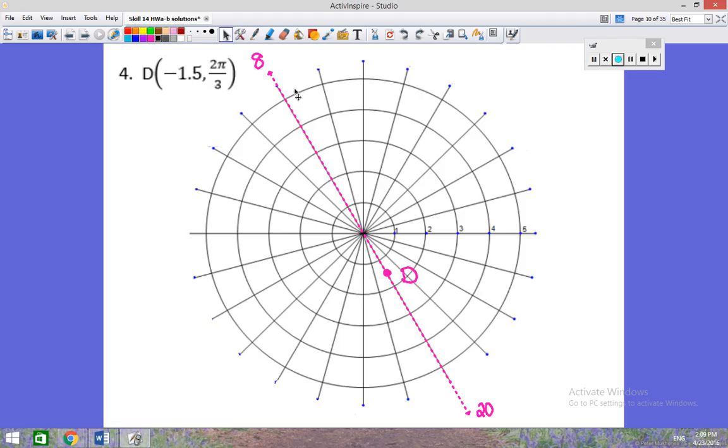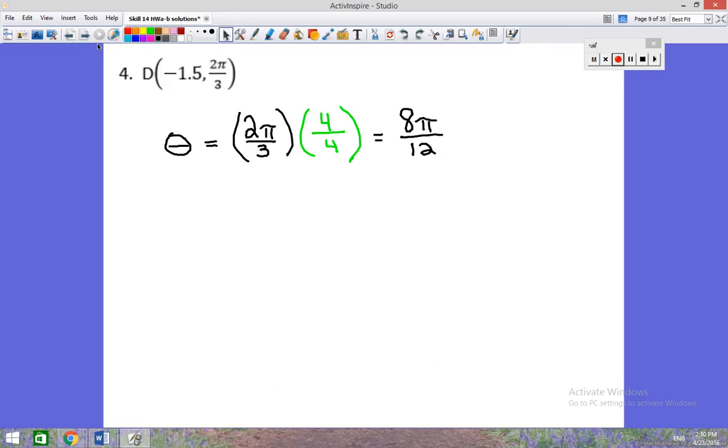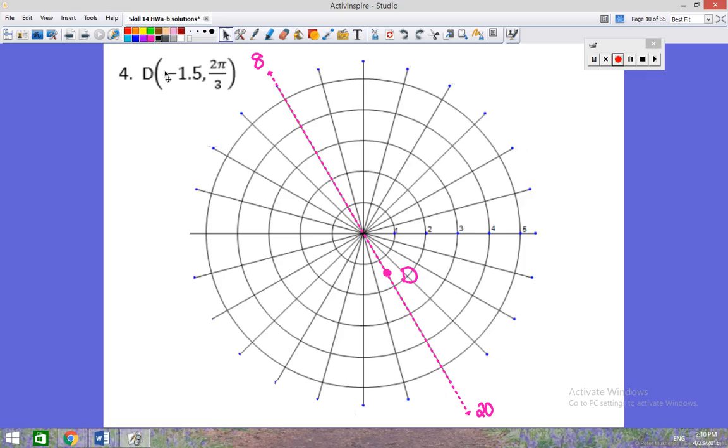When I get to this 8 pi over 12 and count over 8 spaces, because the radius is negative, I can't go out along that ray. I have to go in the negative direction to the opposite ray. So I'm actually going down here to 20 pi over 12. If I go down, you should label that D, and I had to estimate what 1.5 was. All right.